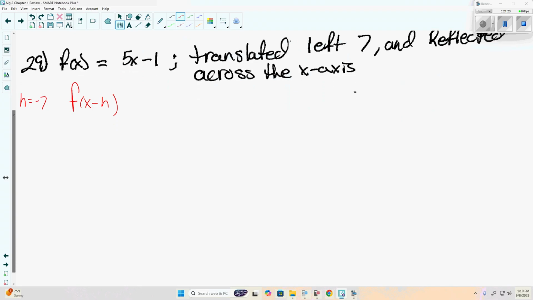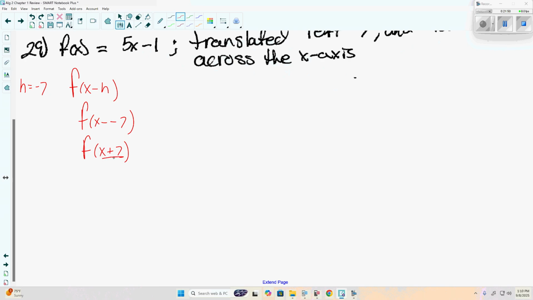At this point we're going to plug negative 7 in place of h. That negative and negative is going to make a positive. Normally we would just write x plus 7. We would put those two negatives together and make a plus. I just wrote it below it.